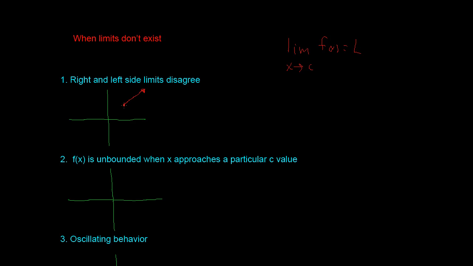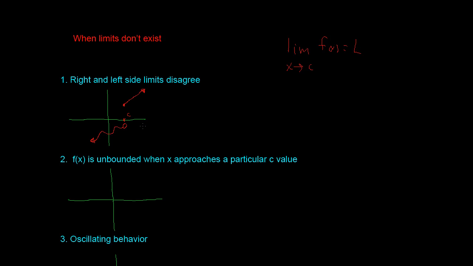Maybe there's a closed dot here, and then down here we have an open circle, and it does something crazy like this. It passes the vertical line test, I think, so we know this is a function. You could probably bet that we're interested in our limit right here. If this was our c, what would be the limit of that function as x approached c?